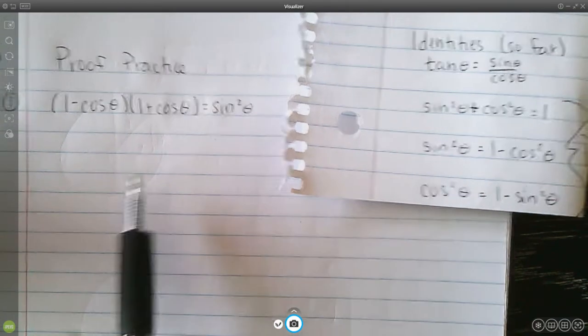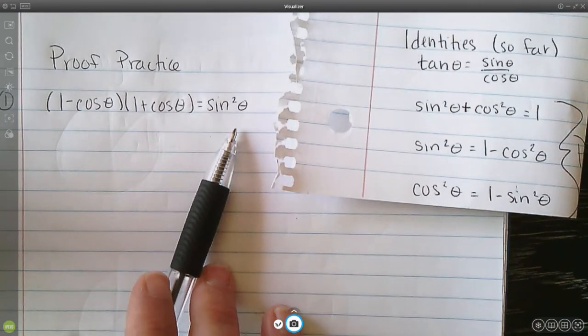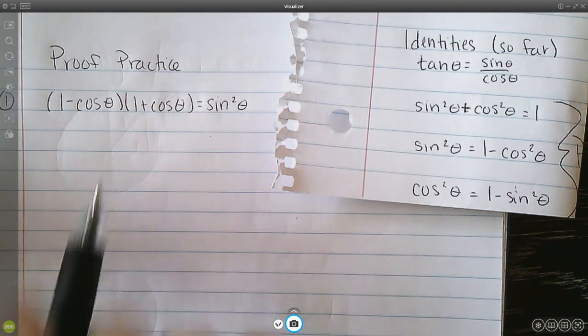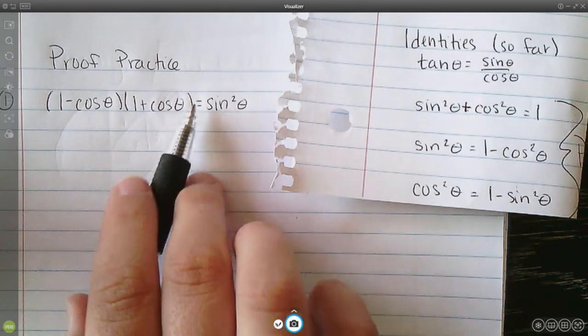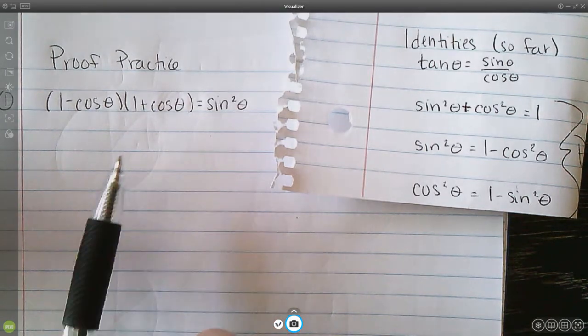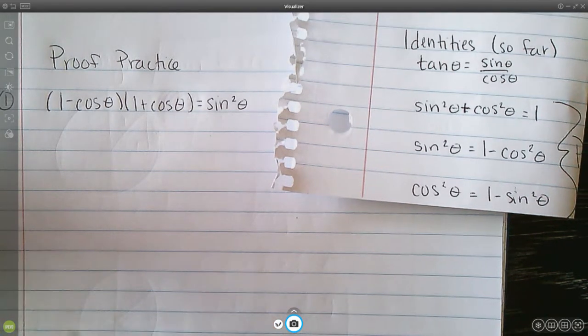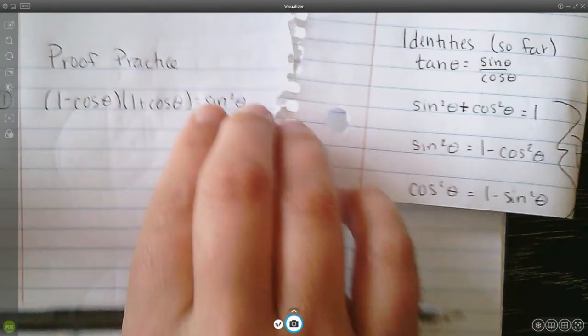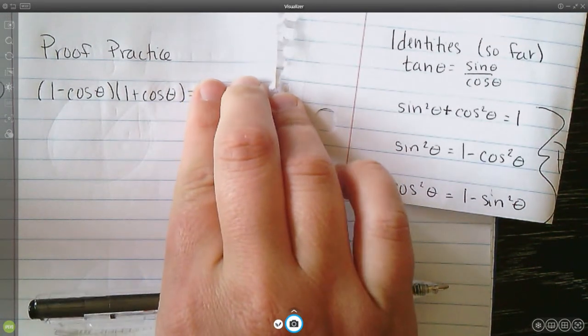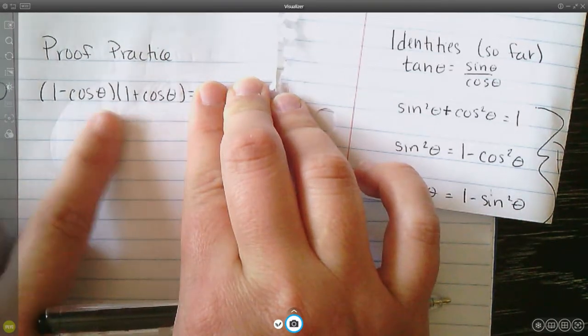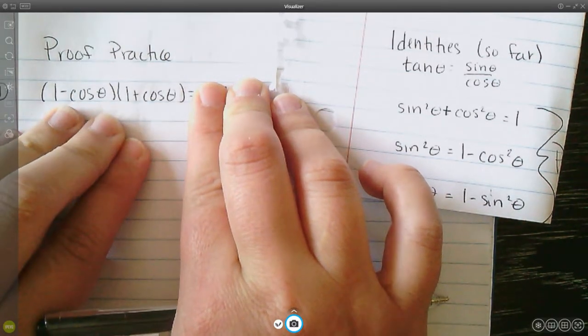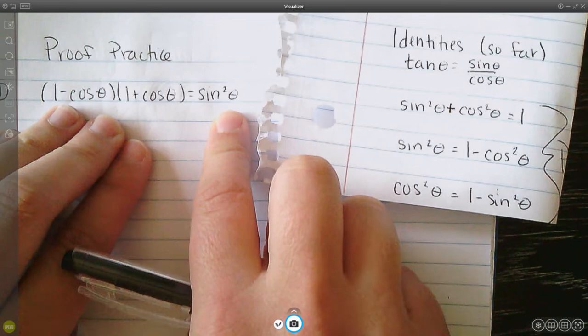When you're proving identities, you're not going to draw a line down your equal sign and say, oh, I'm going to subtract 1 here and I'm going to subtract 1 here. You're going to do things to each side independently. So you don't care what's on one side, and you're going to try to manipulate this side only so it looks like this side.